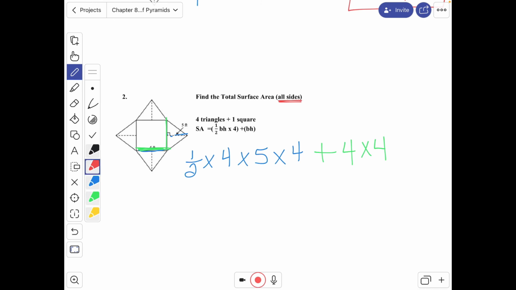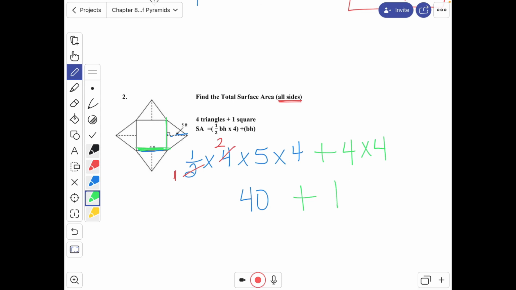And then we want to go back and simplify. We can simplify 2 and 4. 2 divided by 2 is 1. 4 divided by 2 is 2. Okay, then we have 1 times 2 is 2. 2 times 5 is 10. 10 times 4 is 40.